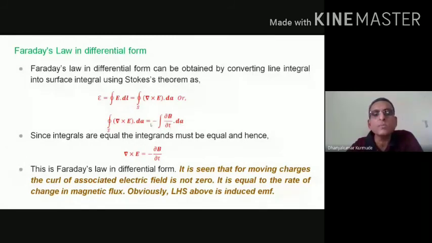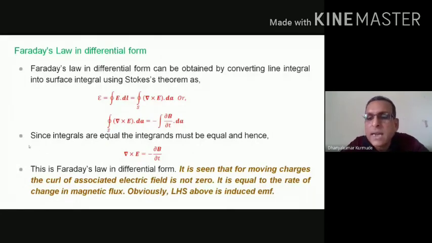Now on both sides we have surface integrals and they are equal. Because surfaces are arbitrary, we equate the integrands and write the equation as del cross E is equal to minus dou B by dou t, or we can read this as curl of E is equal to minus dou B by dou t. This is called Faraday's law in differential form.